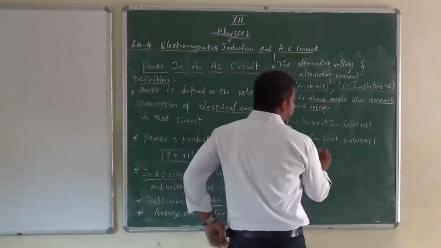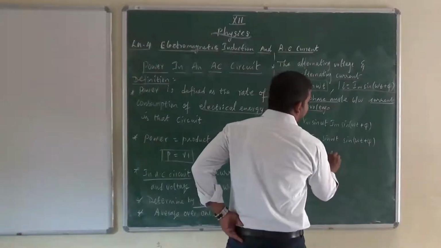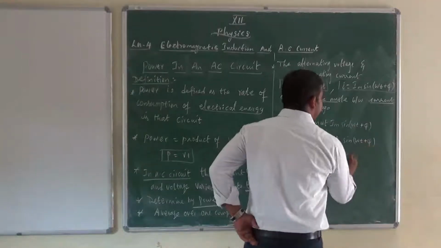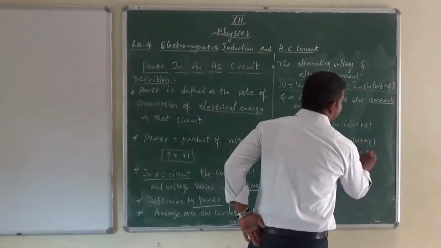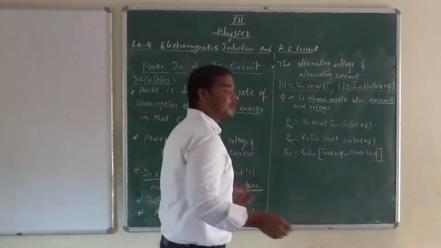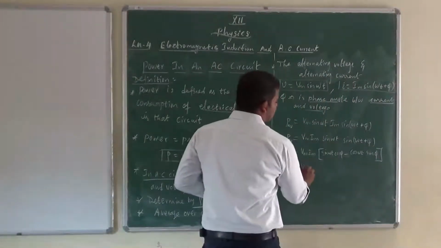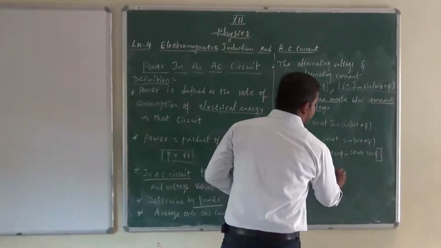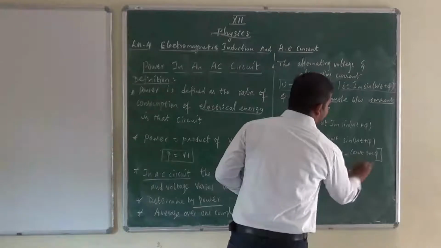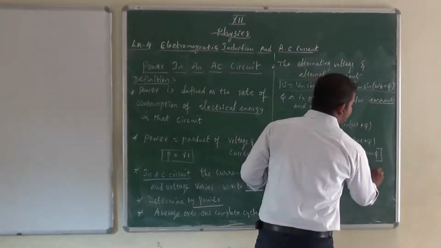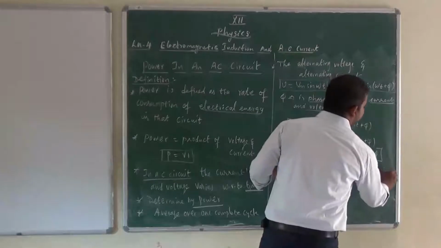So sin omega t cos phi minus cos omega t sin phi. If we expand using the trigonometric relation, cos phi sin square omega t minus sin omega t cos omega t sin phi.